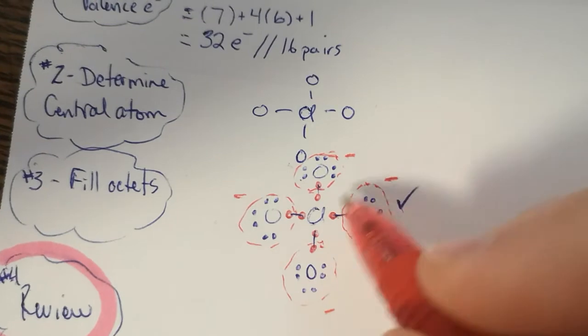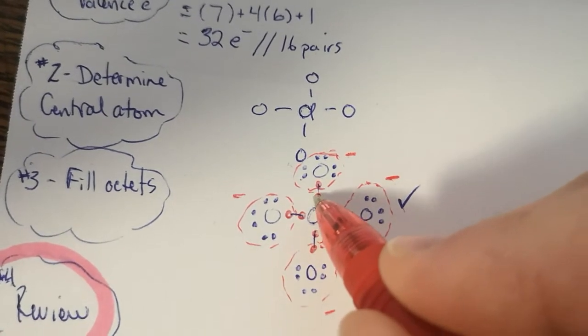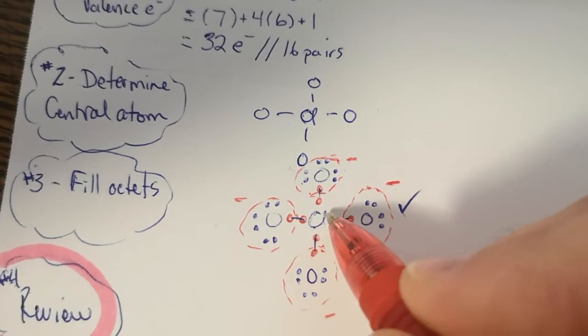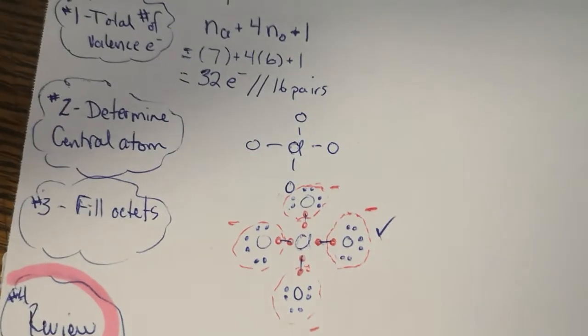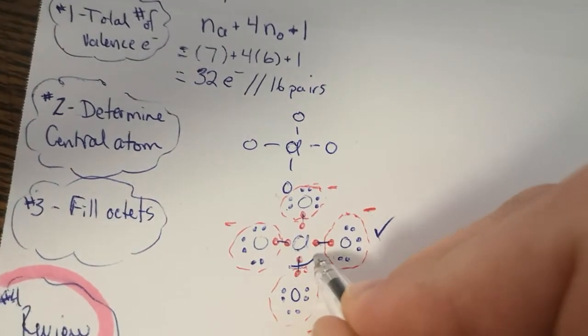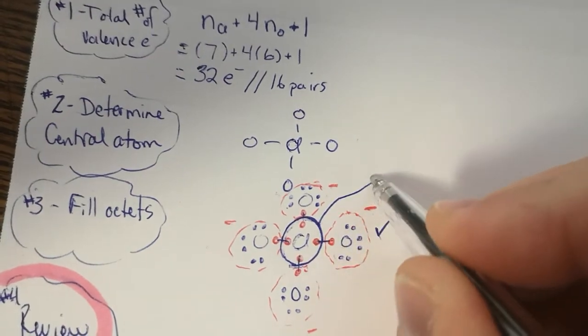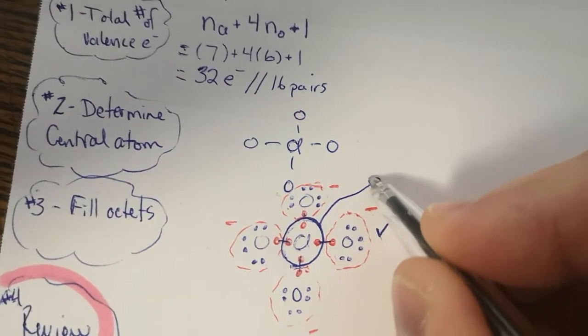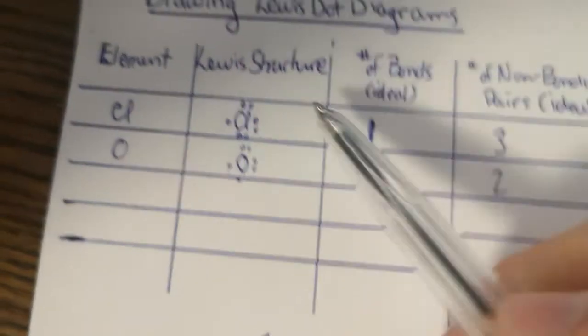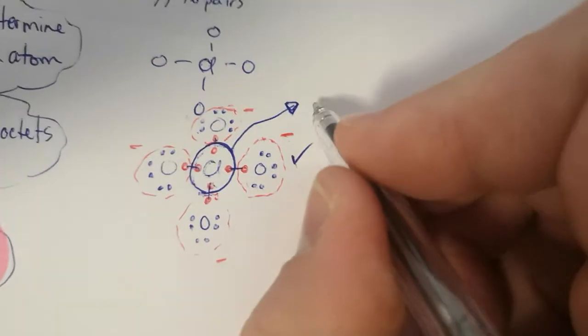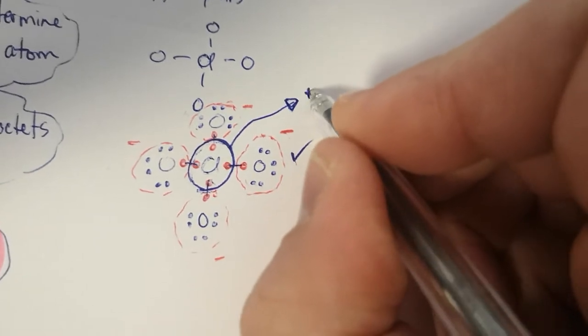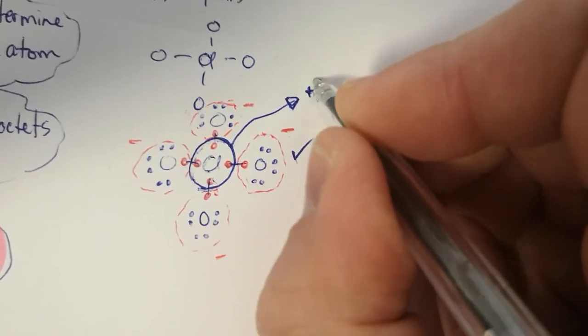If we look at our central atom, chlorine, chlorine has only 4 valence electrons around it. It's supposed to have 7. The absence of those 3 electrons gives it a formal charge of +3.